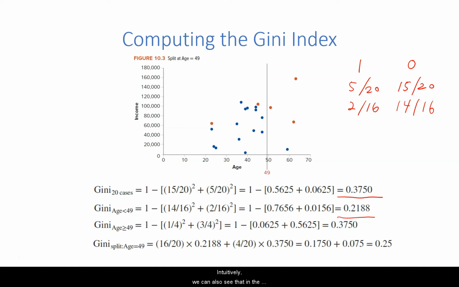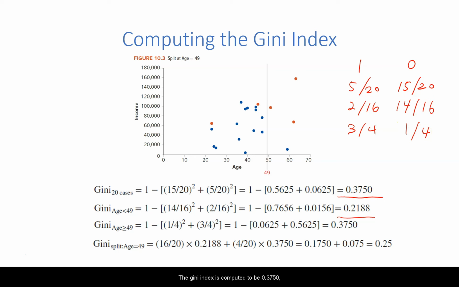Intuitively, we can also see that in the diagram, the great majority of the cases in this partition belong to class 0 with only 2 exceptions. Now, what about the partition on the right side? There are only 4 cases in that partition, and 3 of them are class 1 cases, so that gives the proportion of class 1 cases of 3 out of 4, and the proportion of the class 0 cases of 1 out of 4.